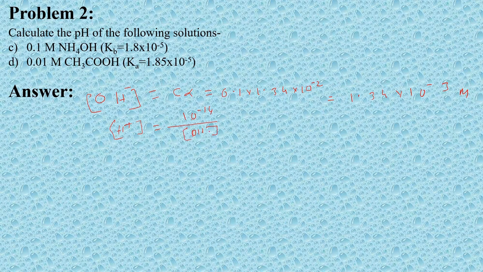Putting this OH minus concentration value here, we get the H plus concentration as 7.46 into 10 to the power minus 12 molar. So pH is equal to minus log of H plus concentration, and we get the result 11.13.